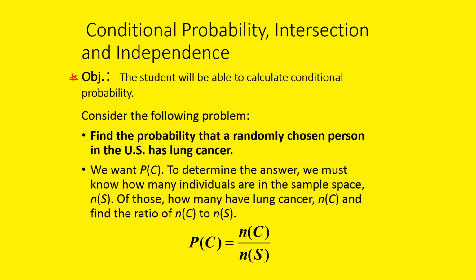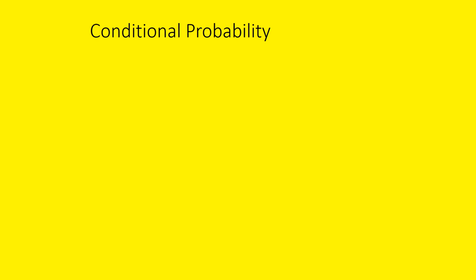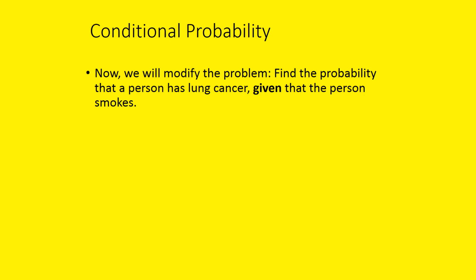Okay, so let's compute the ratio. Now, whatever you think that ratio is, let's change up the problem a little bit. What if you knew that the person smokes?